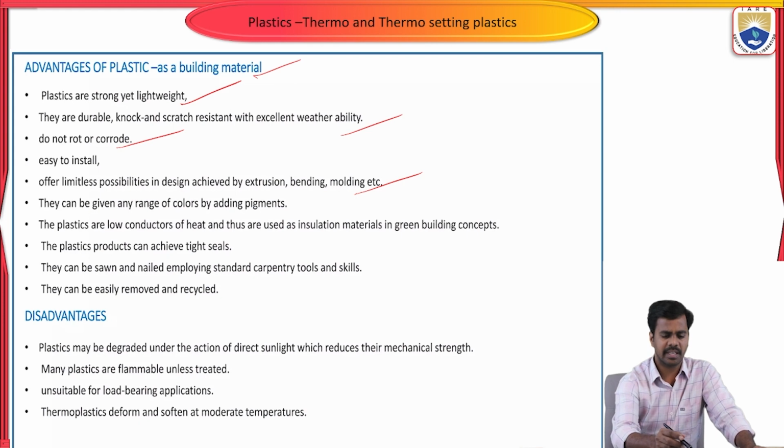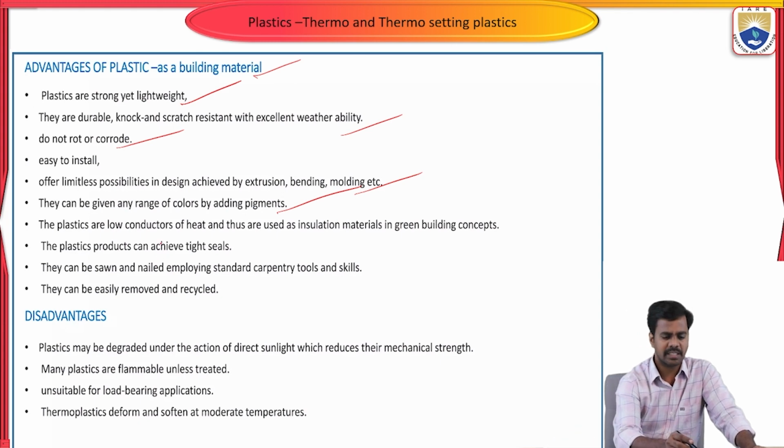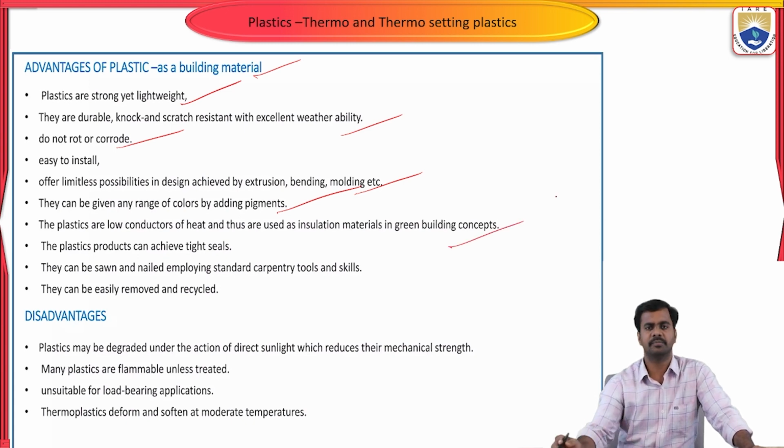They can be given a range of colors by adding pigments. Plastics are low conductors of heat and thus are used as insulation materials in green building concepts.